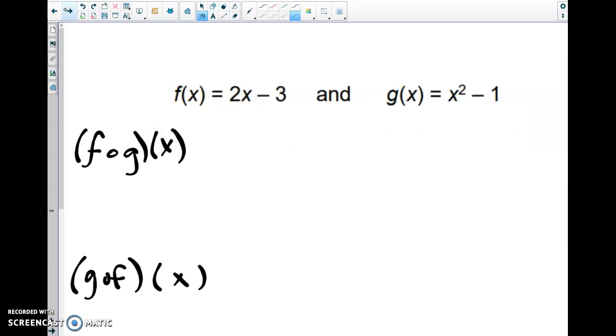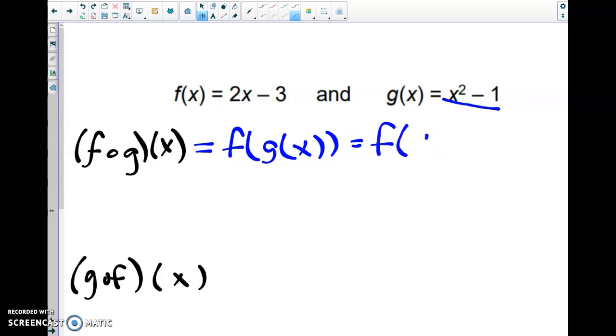All right, so one more example here. We have these two functions, and we're going to find f of g of x and g of f of x. Let's do f of g of x together. So this, by the definition on the previous page, is f of g of x. We are going to replace g of x with what it is, so x squared minus 1.